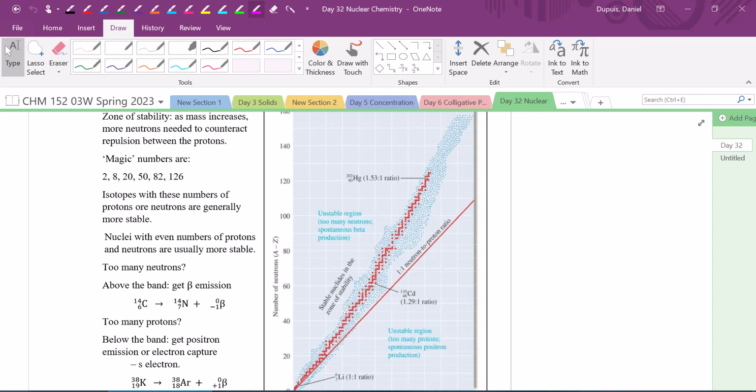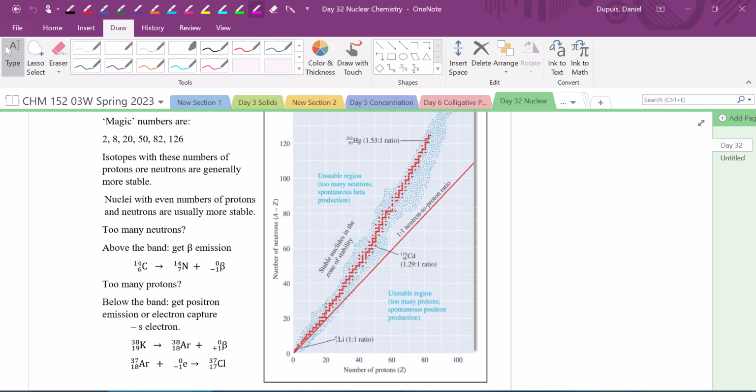If we have too many neutrons, a lot of times we will have beta decay. If we have too many protons, too few neutrons, a lot of times we get either positron emission or electron capture. If you look at the examples here, both of them involve changing with an electron.